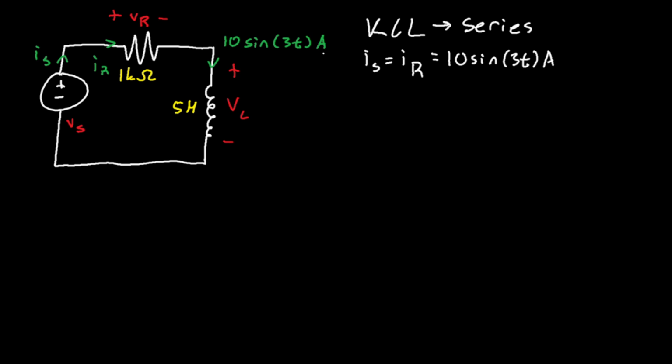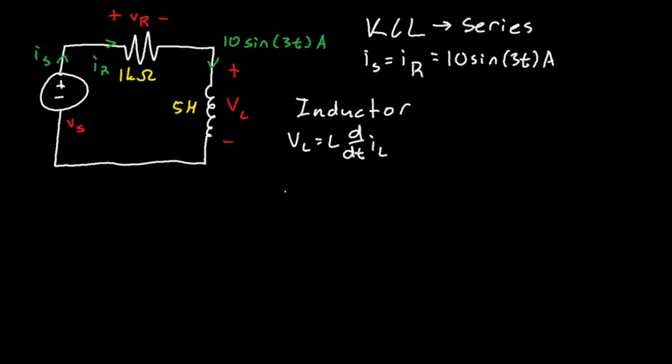Okay, once we get this, we simply need to find V of L. So if we use the inductor formula, the formula for voltage of an inductor, V of L is equal to inductance times the derivative with respect to time of your current. What do you get?